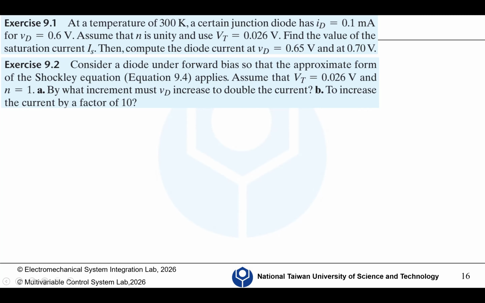Assume that N is unity and use VT equal to 0.026 volts. Find the value of the saturation current Is. Then compute the diode currents at VD equal to 0.65 volts and at 0.7 volts. I may just calculate one condition.